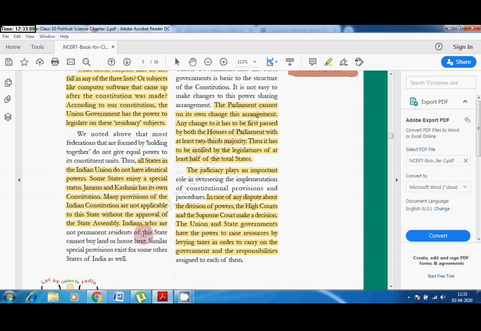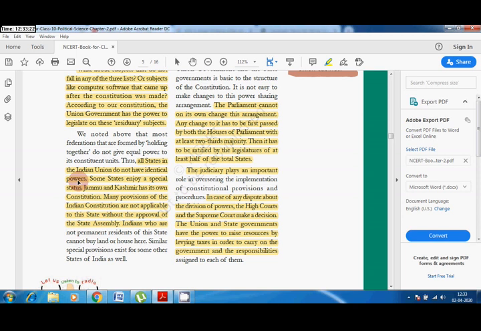Now another important feature is all states in the Indian Union do not have identical powers. That means all the states do not have the same powers. Like we can say we have Jammu and Kashmir. Very recently Article 370 has been dropped and Jammu and Kashmir has been turned into 2 union territories.